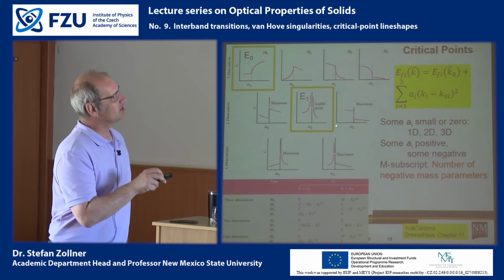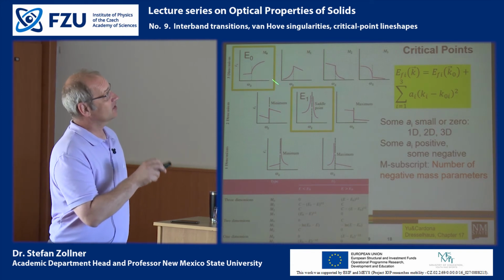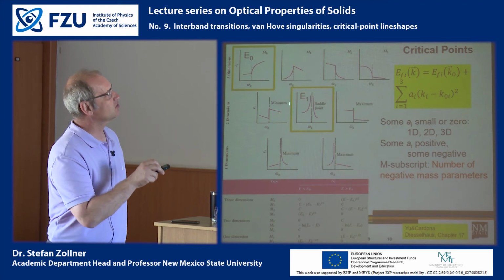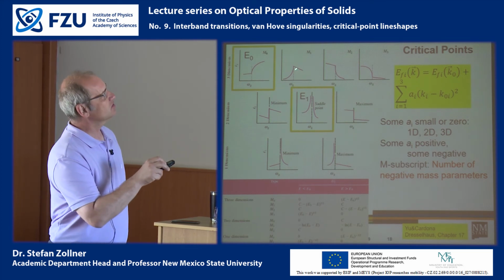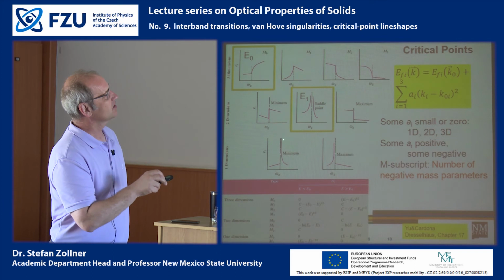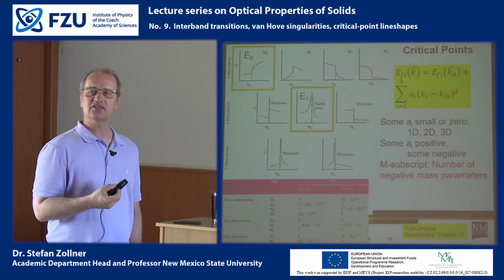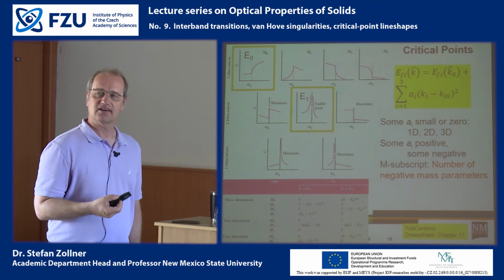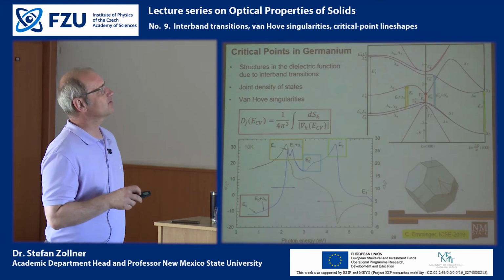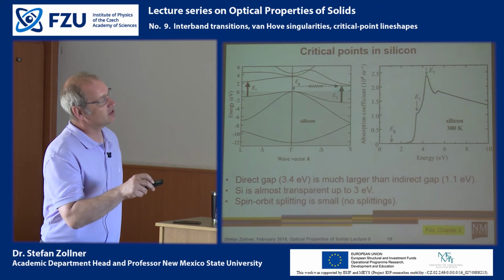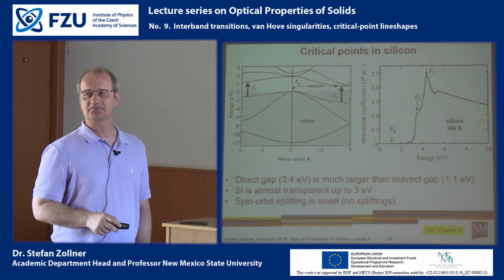And as we have seen, Van Hove singularities not only give you an onset in the absorption, they also give you peaks in the absorption. You see that here. There's a peak here, there's a peak here. And therefore, for silicon, as you exceed the E2 energy, the absorption coefficient goes down again.